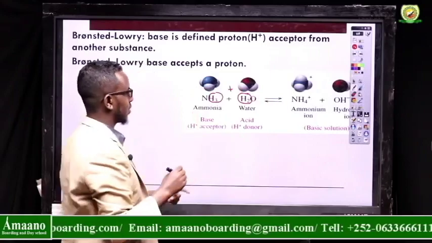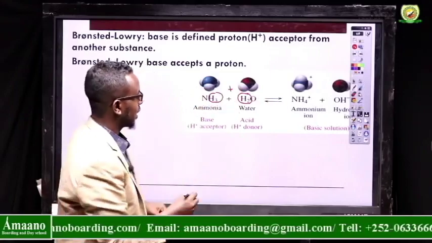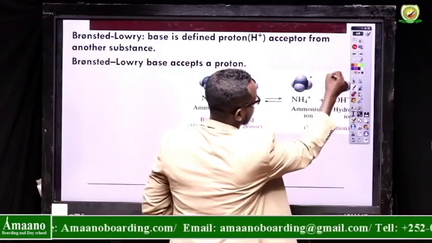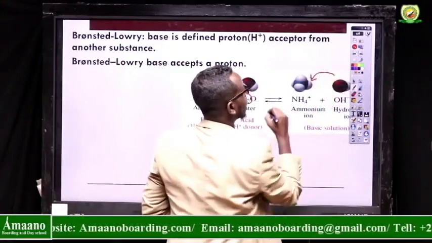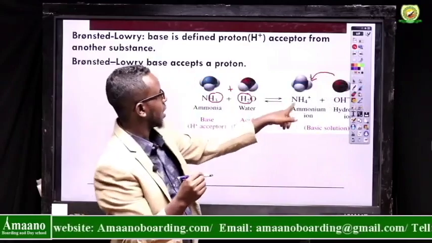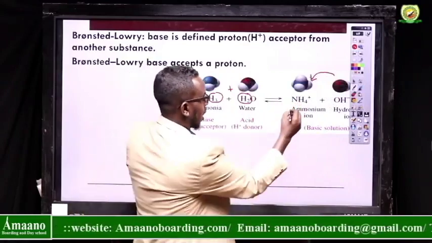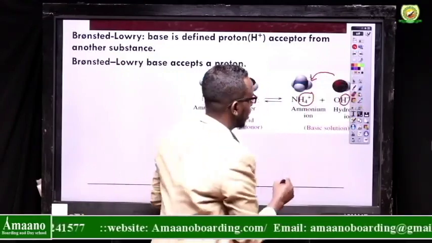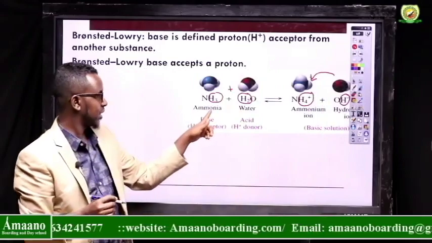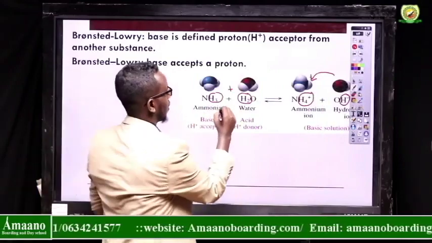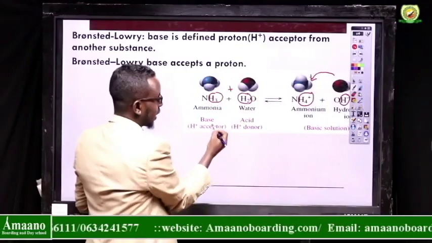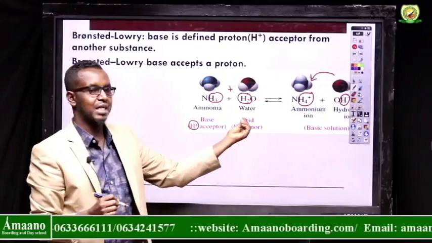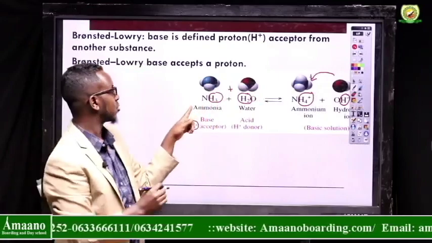When they react together, one of the hydrogens comes from the water and combines with ammonia. So now this is NH4, and here you have a single H, which means ammonia accepted a hydrogen ion from the water. So any substance that accepts a proton from another substance is called a base.